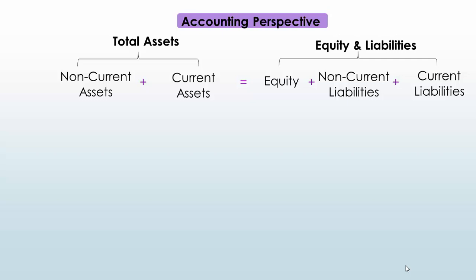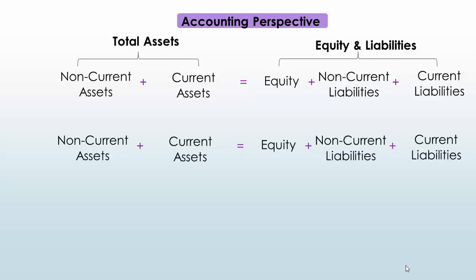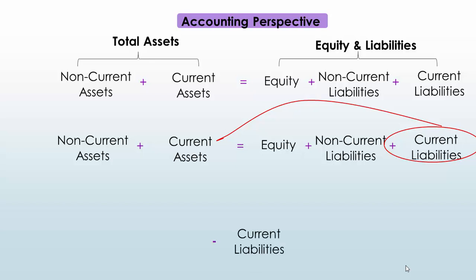What we could do is take the current liabilities from the one side of the balance sheet and move it to the other side of the balance sheet. And if we move a plus from the one side of an equation sign to the other side of the equation sign, it becomes a minus, and there you have your minus current liabilities.